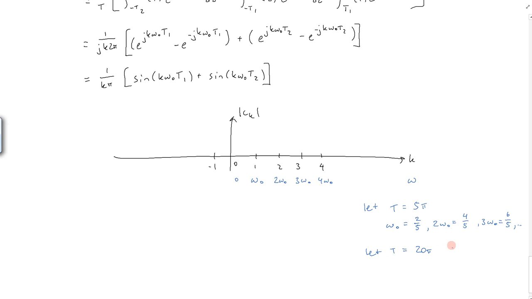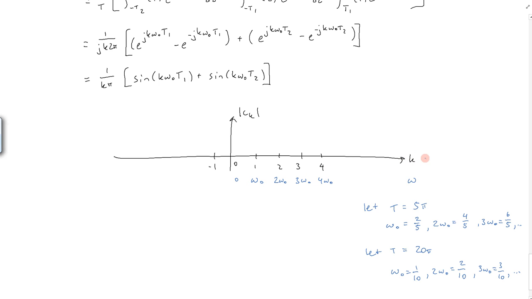So we create a longer period. Then omega 0 is equal to 1/10, 2 omega 0 is equal to 2/10, 3 omega 0 is 3/10, and so on. What we find is that if we change capital T, we change omega 0, and therefore we actually change the true frequency values that each one of these k's corresponds to.